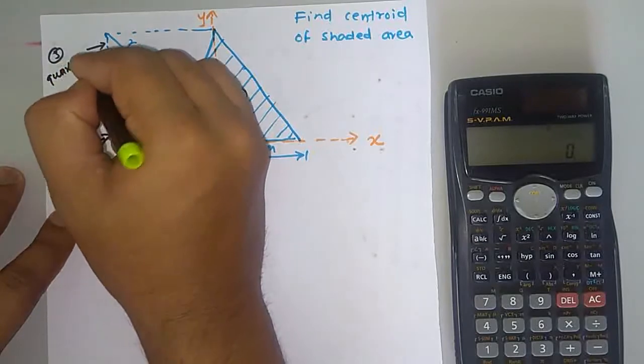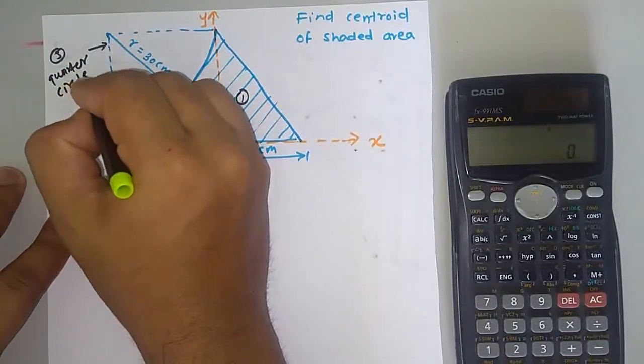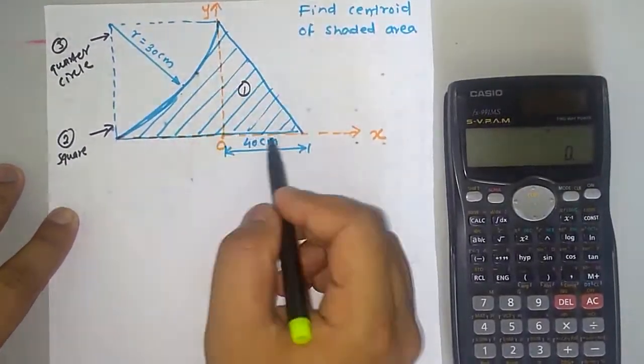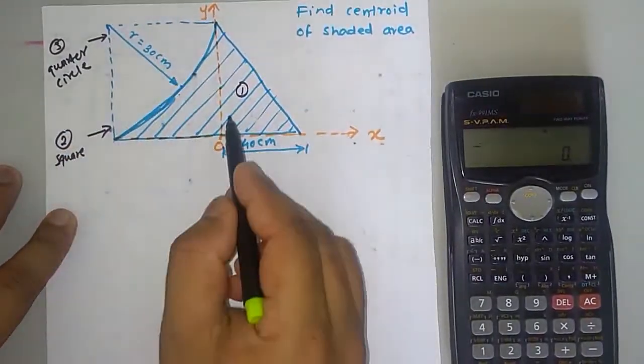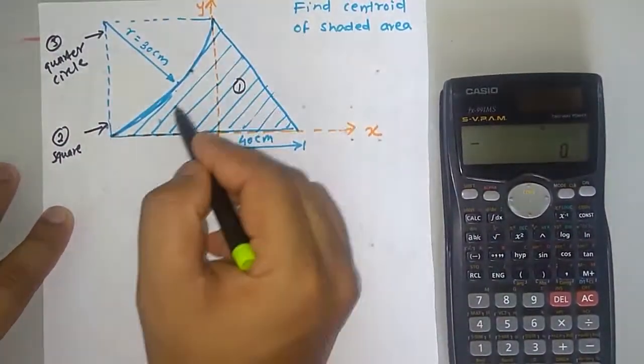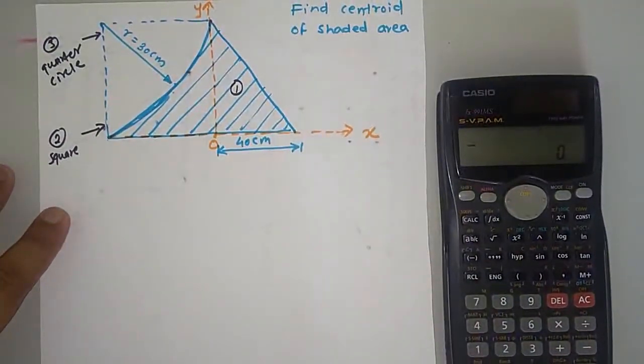So we can find the centroid of this. We will find the centroid of the square minus this quarter circle, and we'll get the centroid of this one.